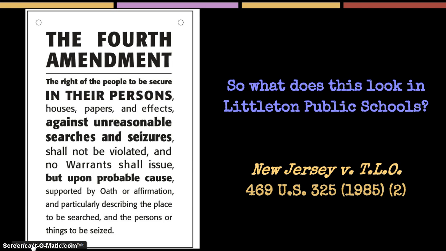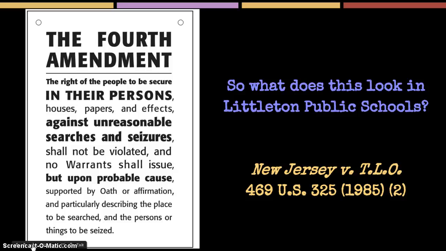A lot of the research and rules for this search and seizure law came out of a court case called New Jersey versus TLO. Those are the initials of the girl that was involved in 1985. Essentially, she was caught smoking cigarettes, and they searched her and found the cigarettes, but also found marijuana.